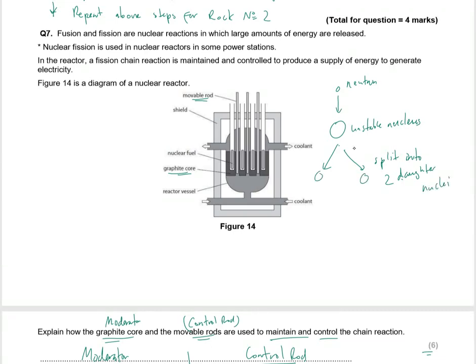They're smaller. We get about 3 neutrons, and we get energy, which we need.